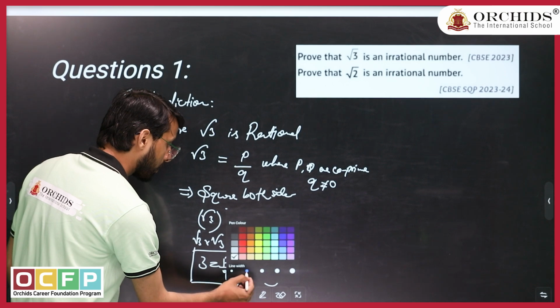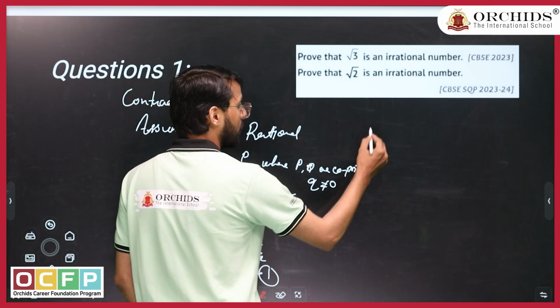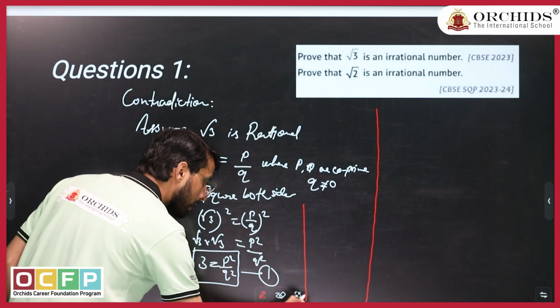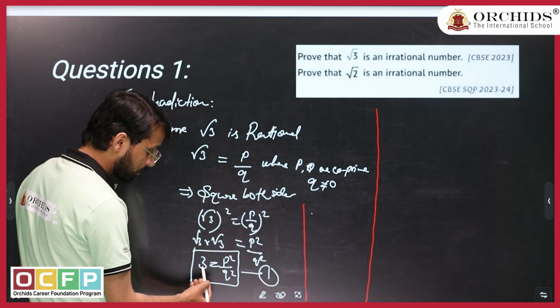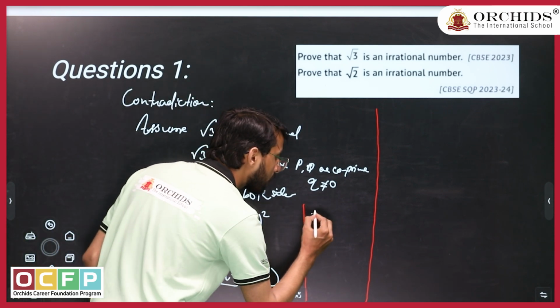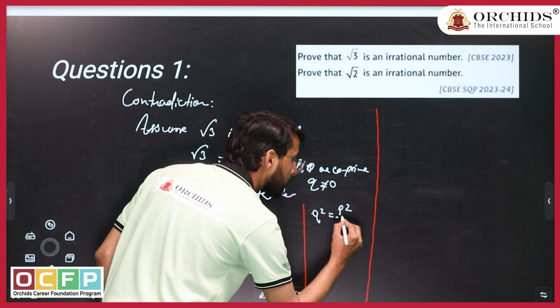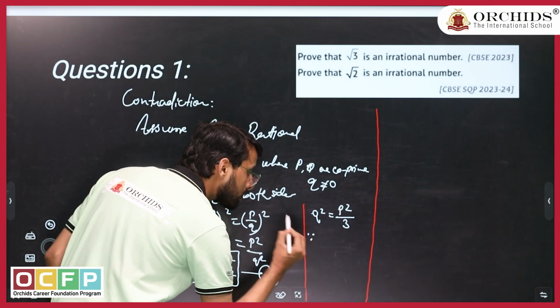The second part. From the first part we can easily write this as, I am continuing with this part, 3 equals p square by q square. I can write q square is equal to p square by 3. Here I am going to use a theorem.